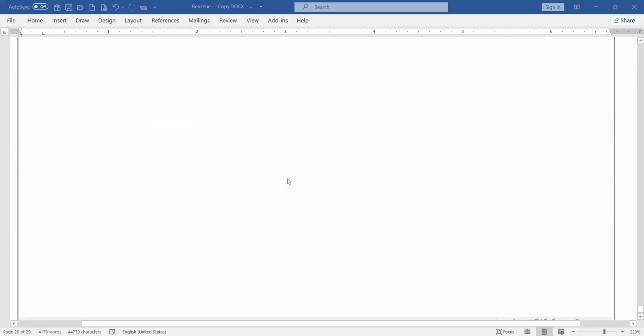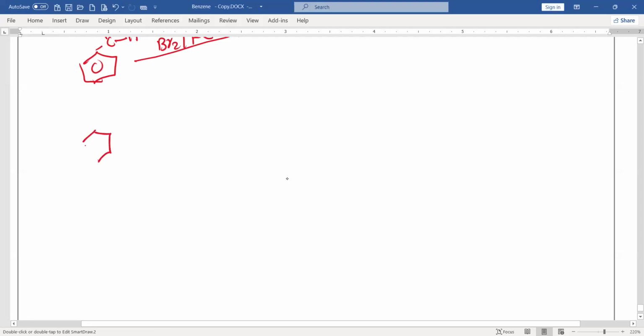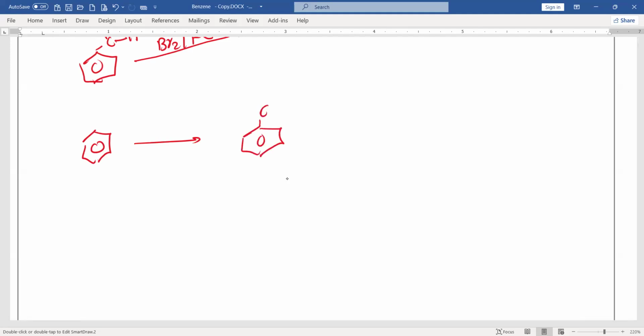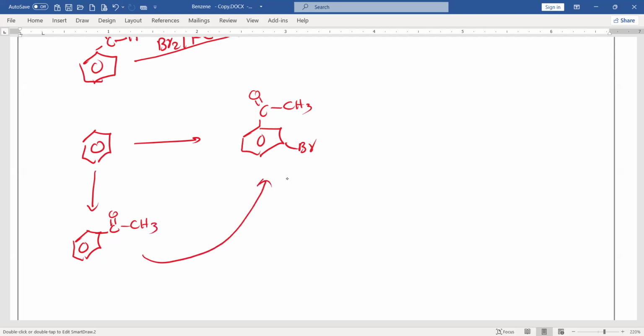Let's try the next question. Here we have the benzene, and then you can turn that into this and Br here. First add this benzene ring and then add the Br.